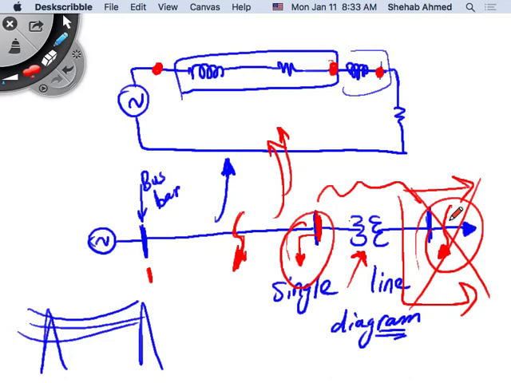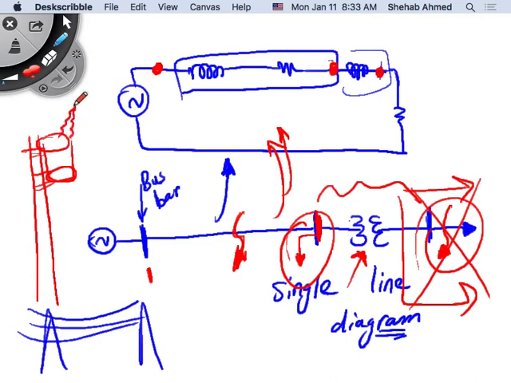You will see sometimes in the U.S. the distribution transformers that are close to your homes, most of them are pole mounted. So they'll be on a pole here, and it's like a small tank mounted to the pole. And this tank will have some funky looking horns, whatever you want to call it.